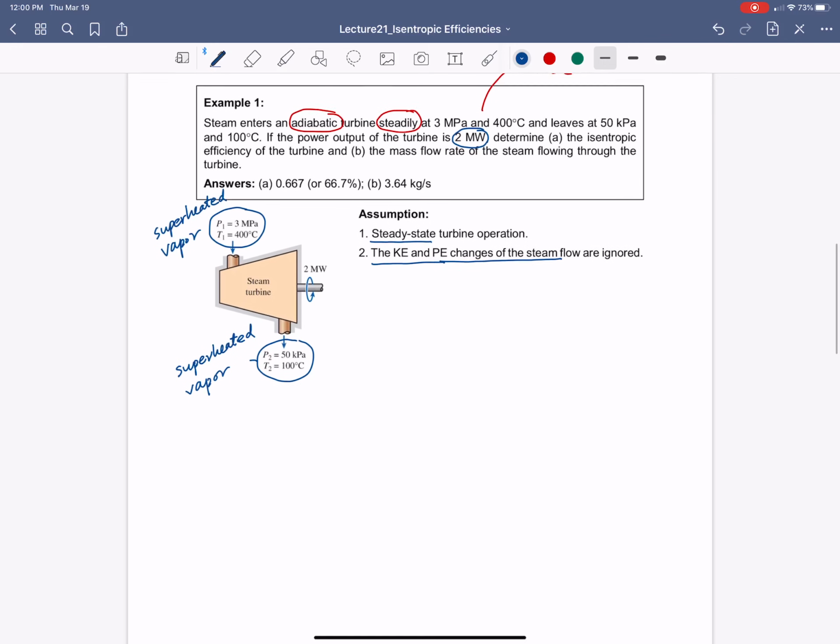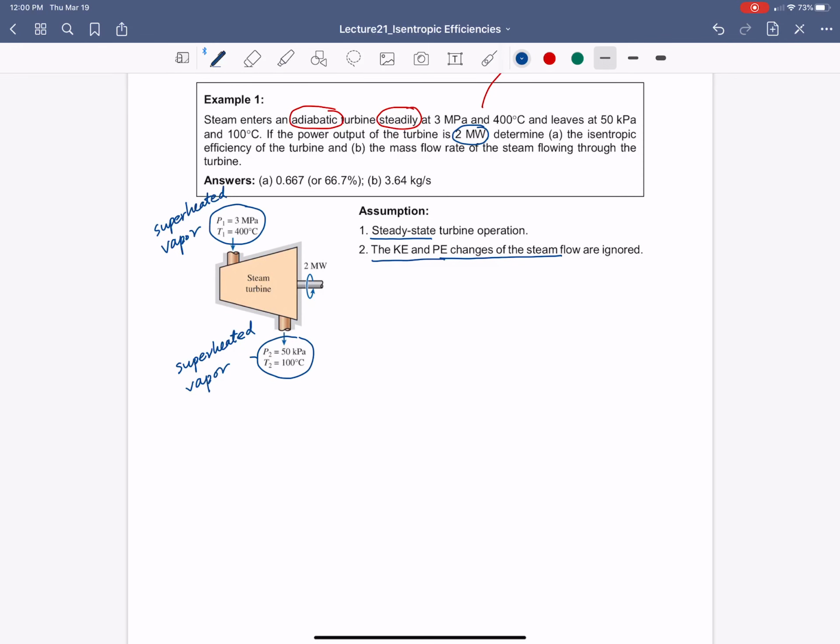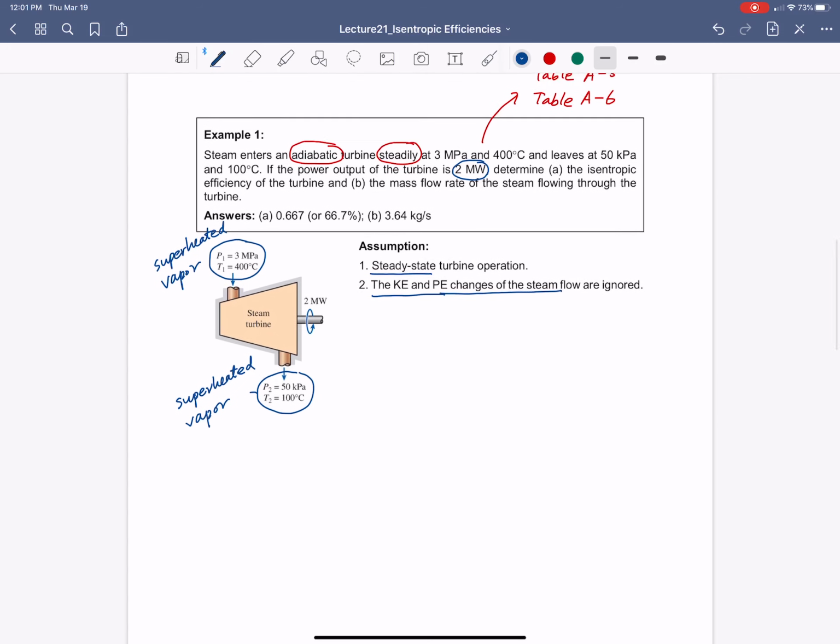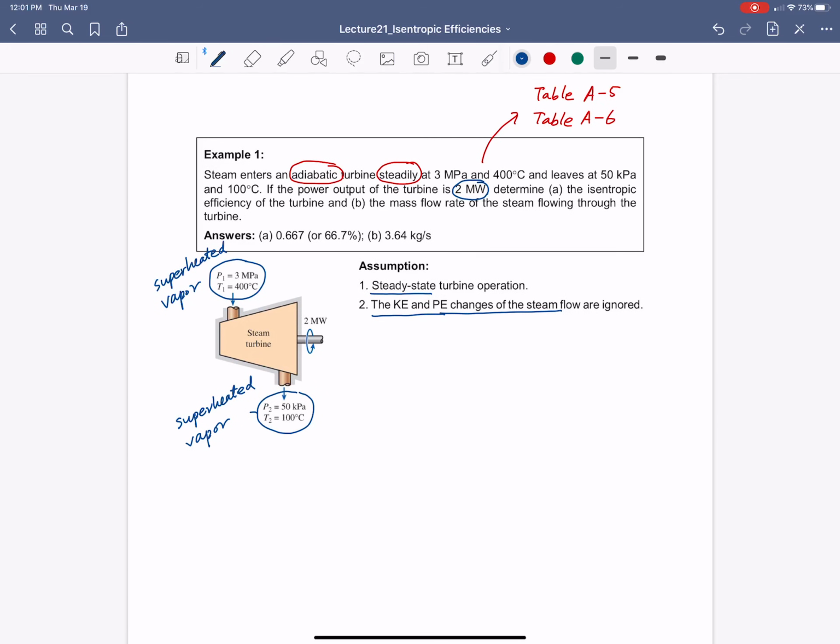In order to solve questions A and B, I'm wondering if you can draw a TS diagram that describes what happens in the turbine. Can you draw it? Let me try to draw the TS diagram, because it does involve phase change or is near the saturation dome.